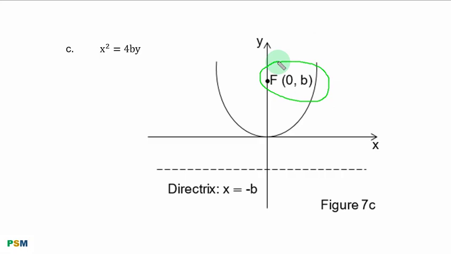Note the change in the directrix from a to b. Now it is minus b because it is below the x-axis. In such a case, the equation of the parabola becomes x squared equal to 4by.